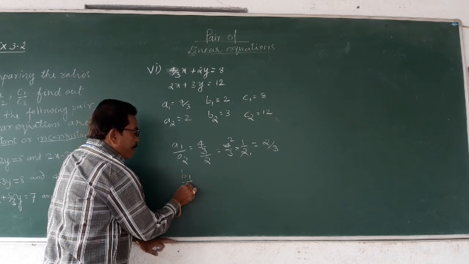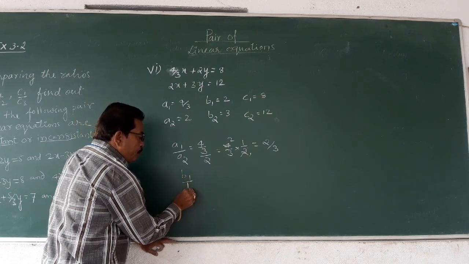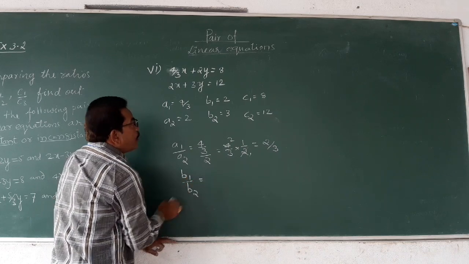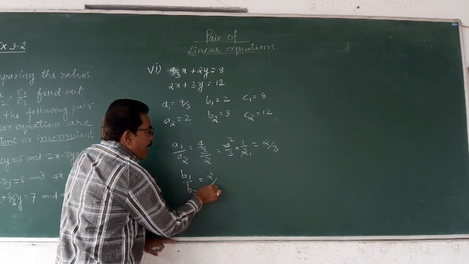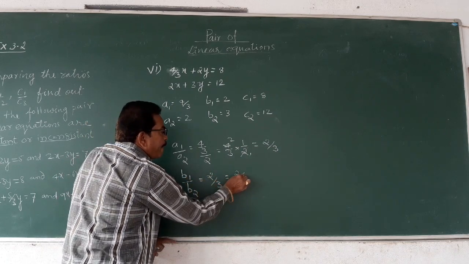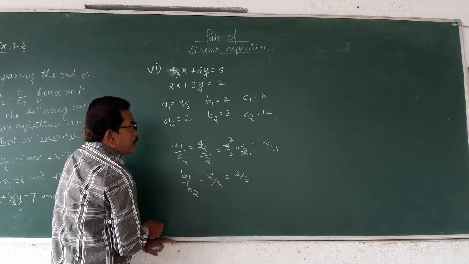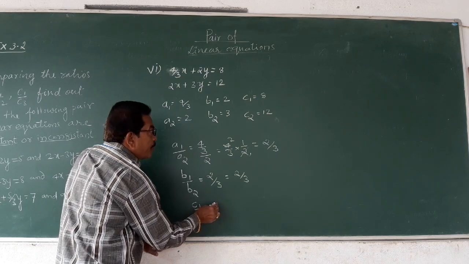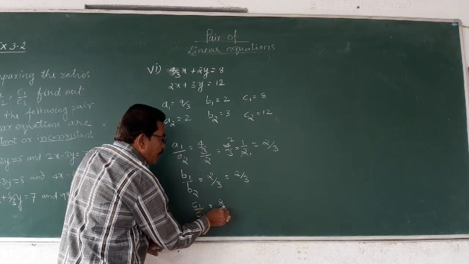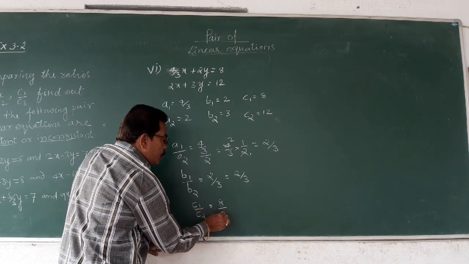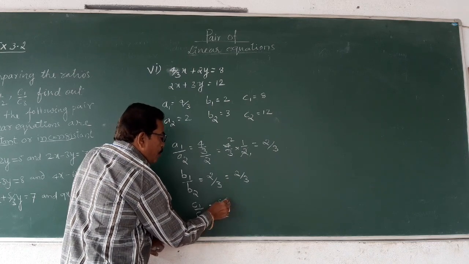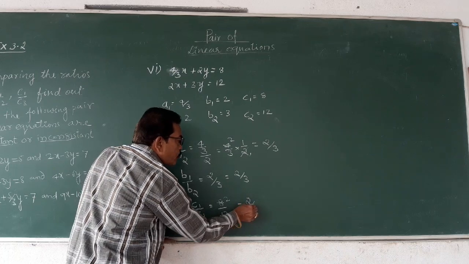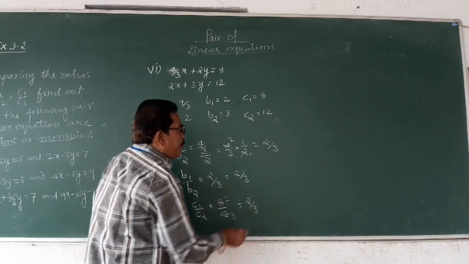Then B1 by B2 equals 2 by 3. C1 by C2, 8 by 12, that is equal to 2 by 3.